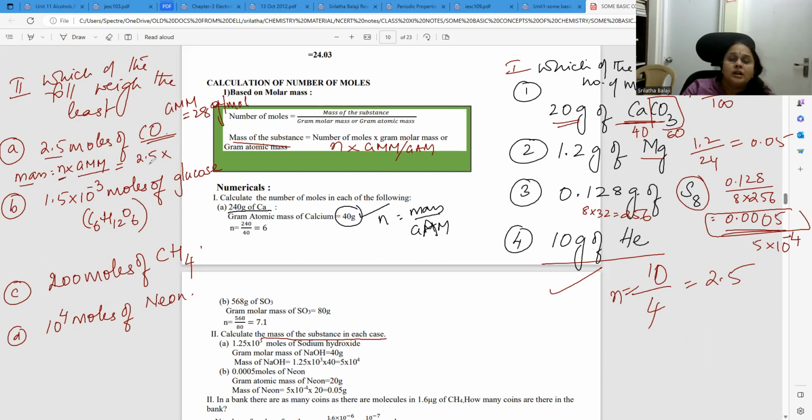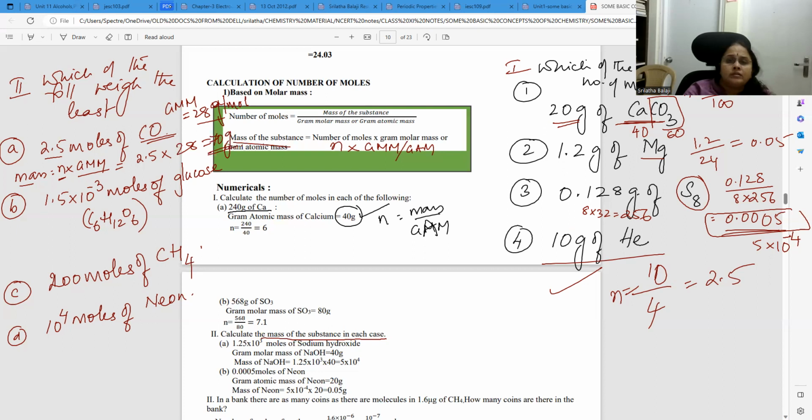How many moles are there? 2.5 multiplied by gram molar mass 28. How much does it make? 70. 70 you're saying? Yeah. So 70 grams. Absolutely right.